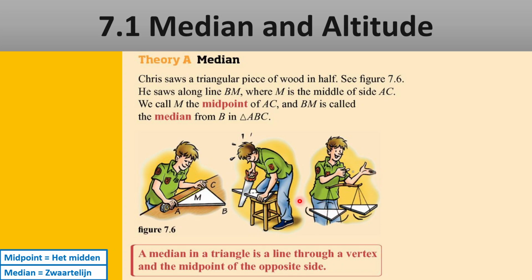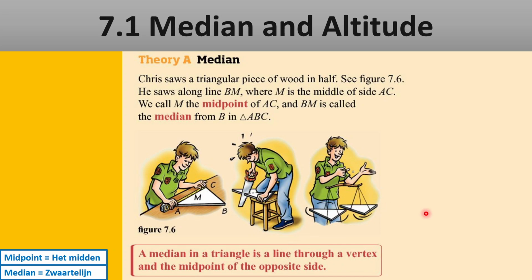We're not going to do anything with that, but that's why it has that name. How is a median now described? Well, a median in a triangle is a line through a vertex and the midpoint of the opposite side. And this might be a bit complicated in English, so a Dutch translation. Een zwaartelijn in een driehoek is een lijn door een hoekpunt en het midden van de overstaande zijde.